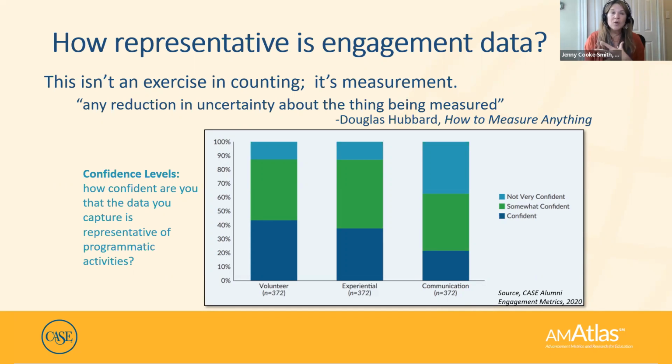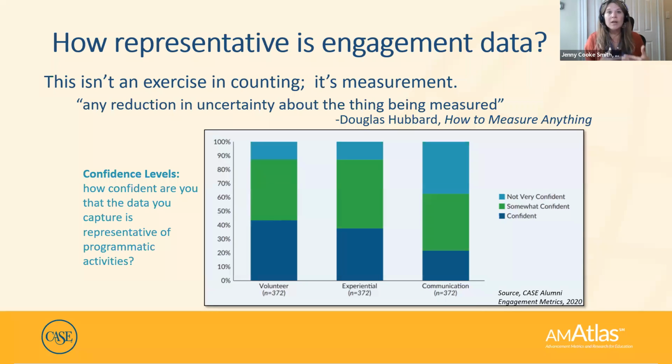With that idea in mind, in the 2020 survey, and of course moving forward, we added a required question. We're hoping you're confident that you're counting your gifts, so outside of that, tell us how confident you are that the data you're capturing represents the activities happening across your institutions.